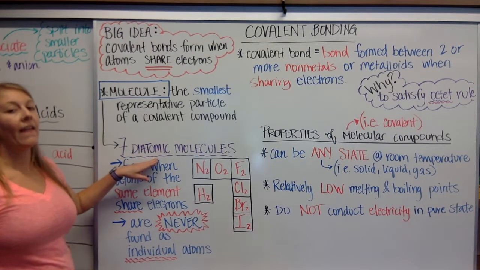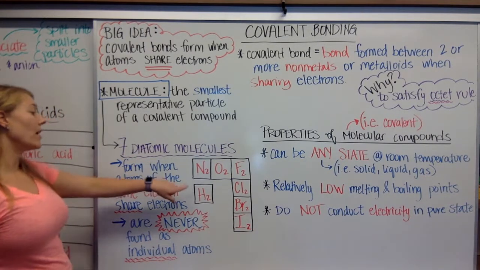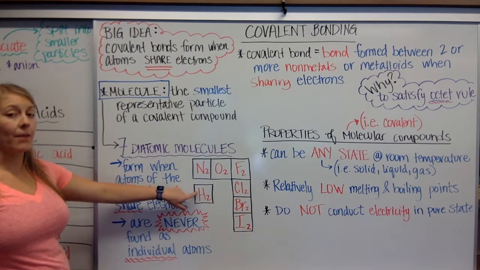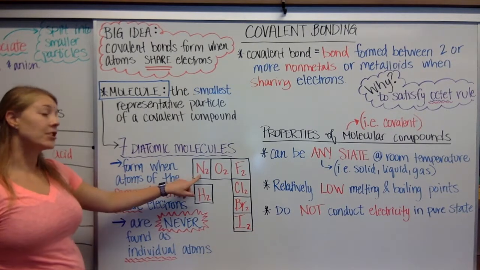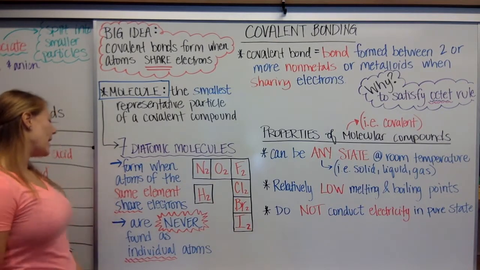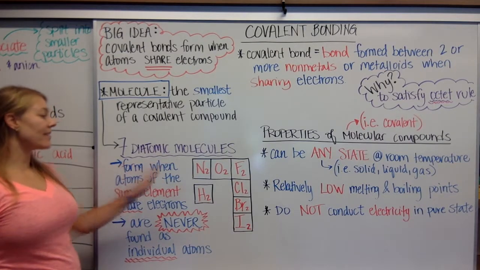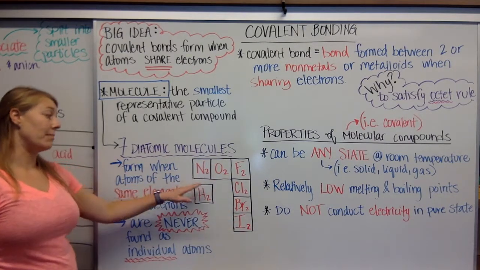Diatomic molecules are bonds formed between the same atom. Okay, so H2 is a bond formed between two H's. N2 is a bond formed between two N's. O2, two O's. They're still sharing electrons.